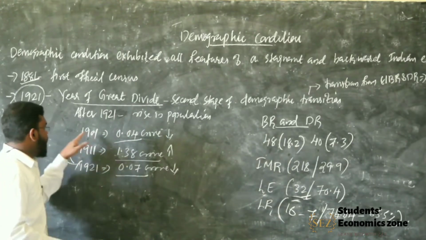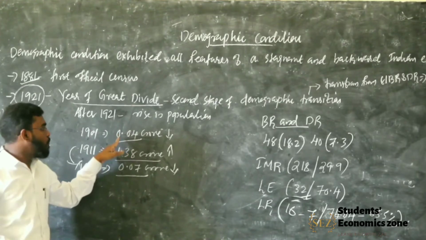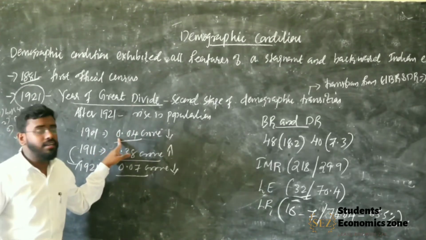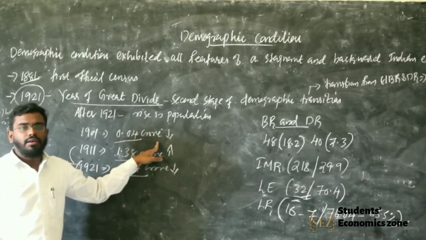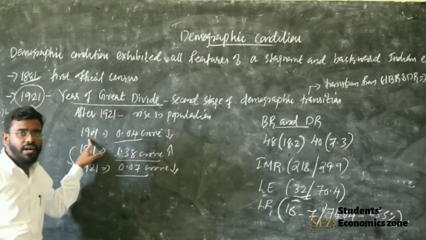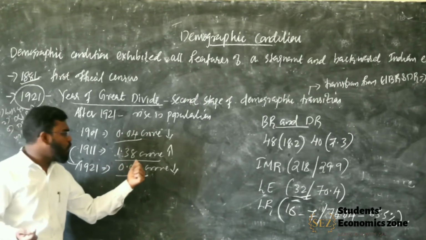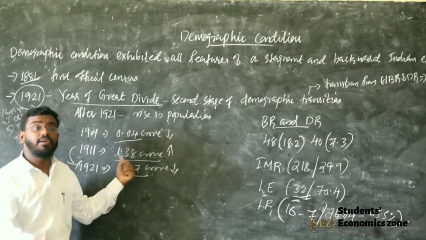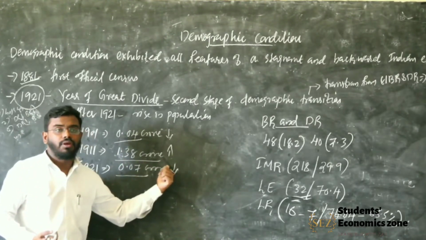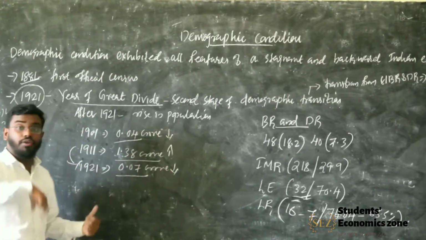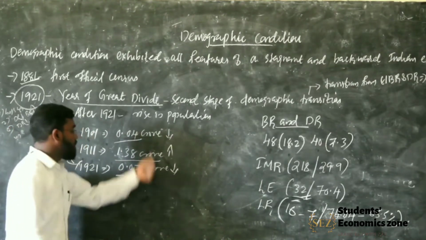In 1901, our population decreased by 0.04 crore. But in 1911, in the next census, our population increased by 1.38 crore. But what happened in 1921 in the next census? Again population decreased by 0.07 crore.